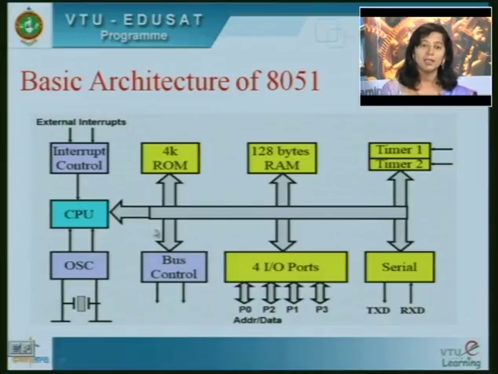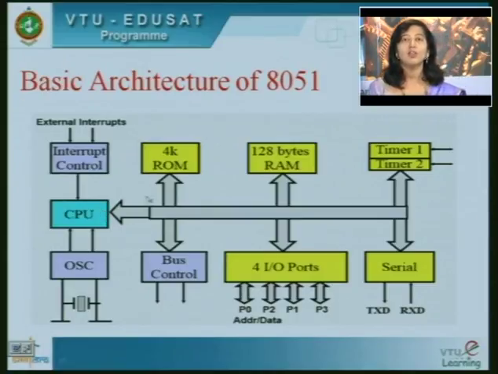So, these buses need to be controlled. When should I send data on the bus? When should I send an address on the bus? When should I send some control signal? So, we need many different types of signals. We need to control the timing of when what should be sent. So, you have a bus control unit.